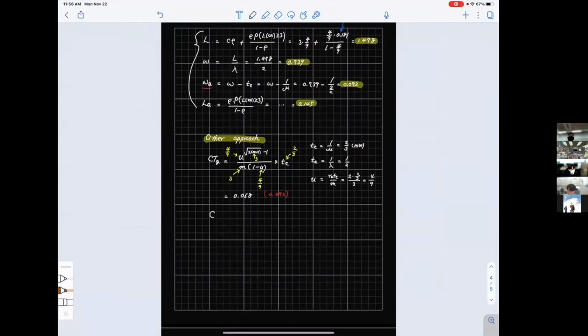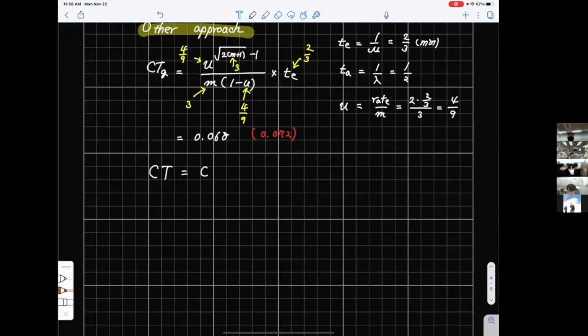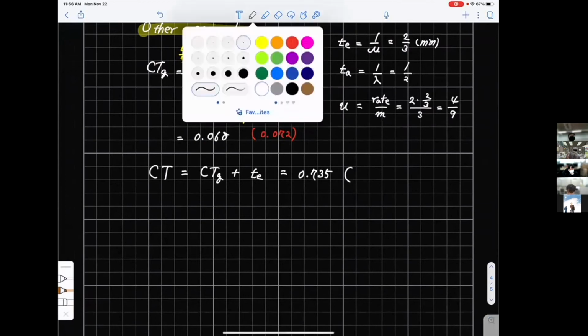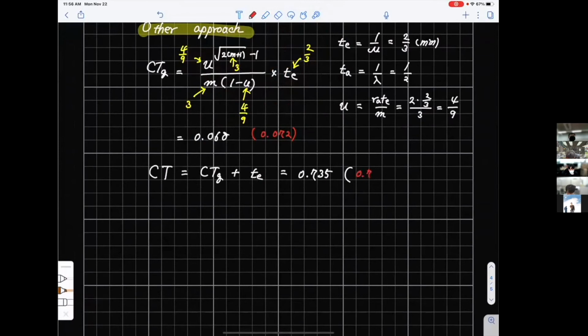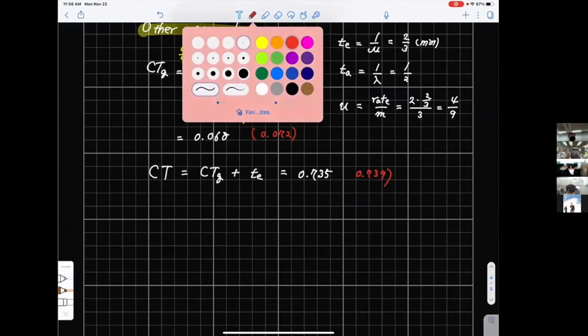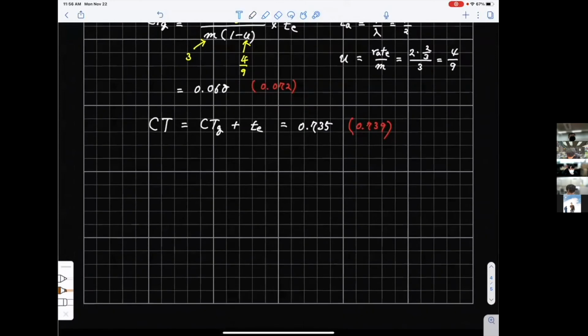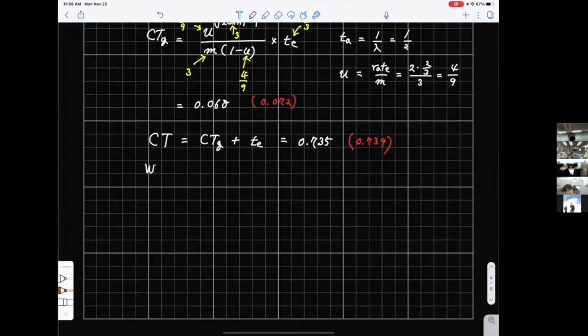If we calculate the CT by adding the TE, it becomes 0.735, but it was 0.739. And WIPQ is CT multiplied by RA.